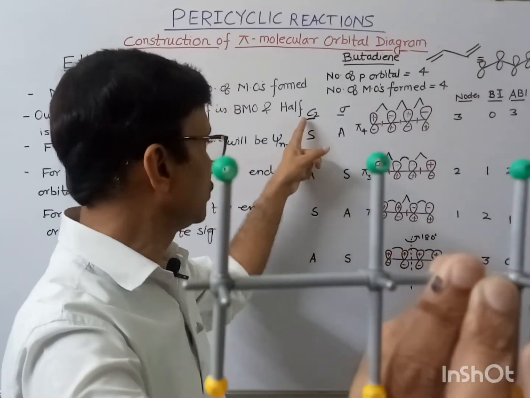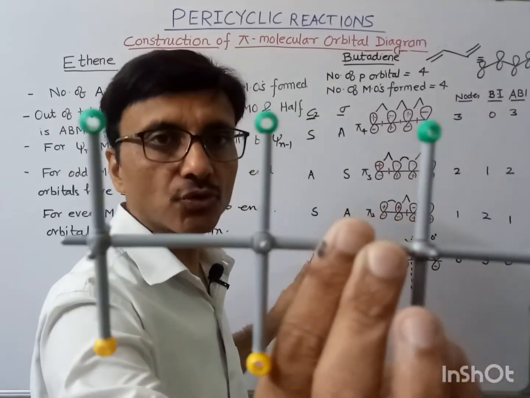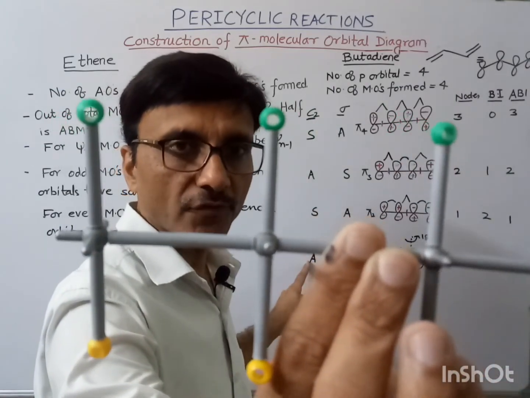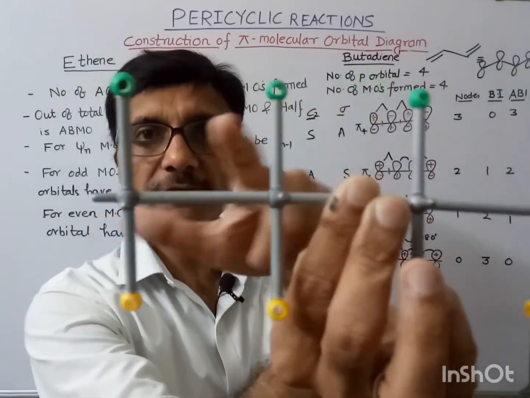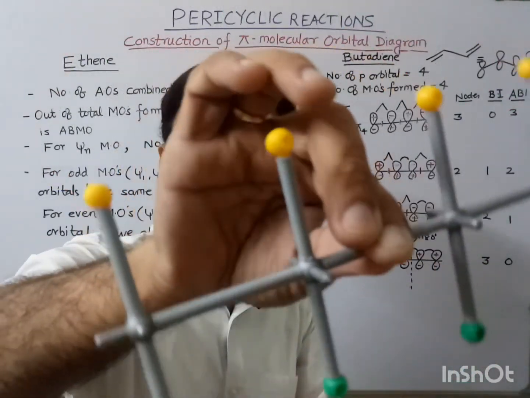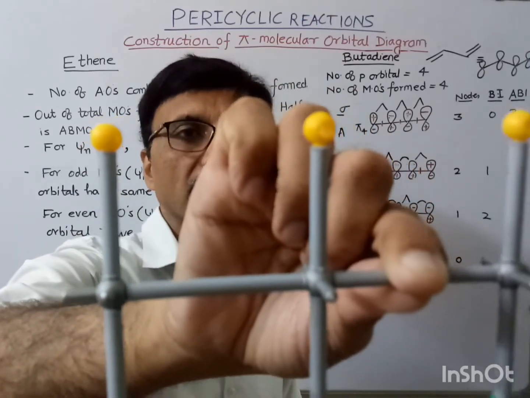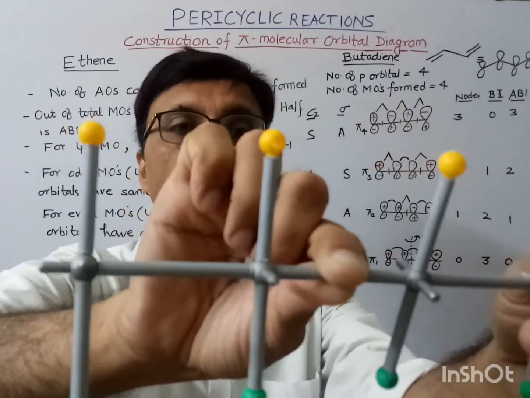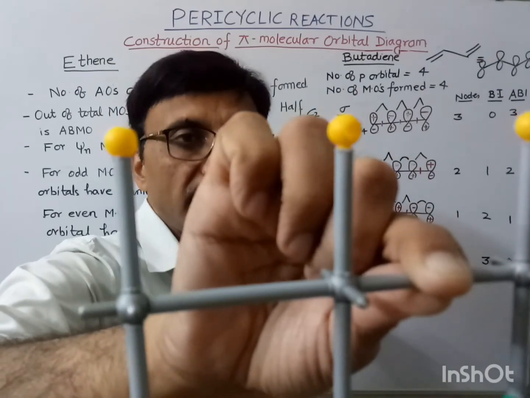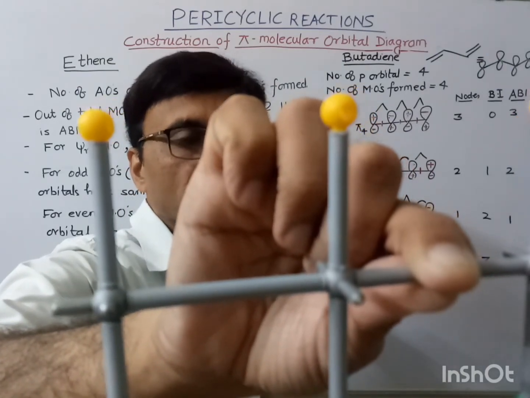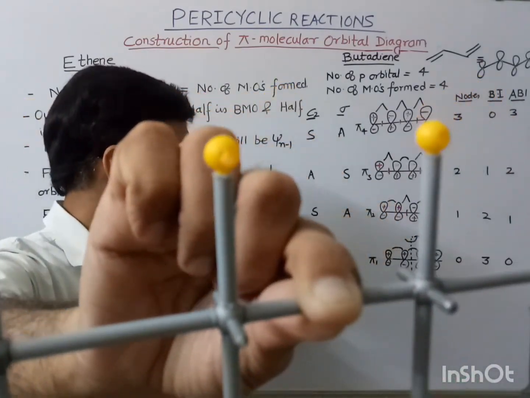Now for C2, to check whether this is symmetric with respect to C2 or not, I rotate it by 180 degrees. This end will go over here, this end over there, and in place of the green ball, the yellow ball is coming. So we are not getting the same molecular orbital after rotating by 180 degrees. That's why this is anti-symmetric with respect to C2.